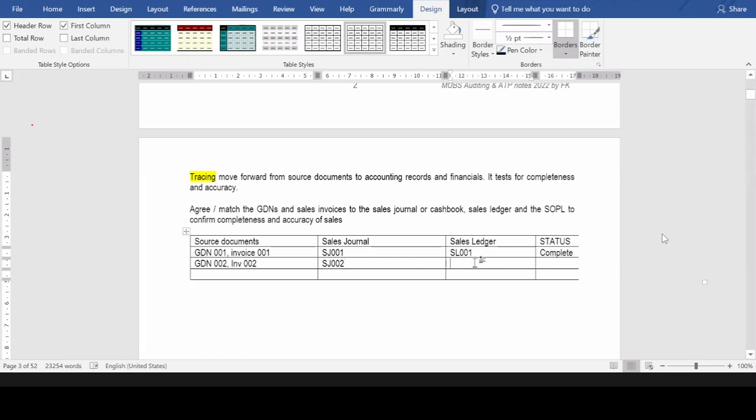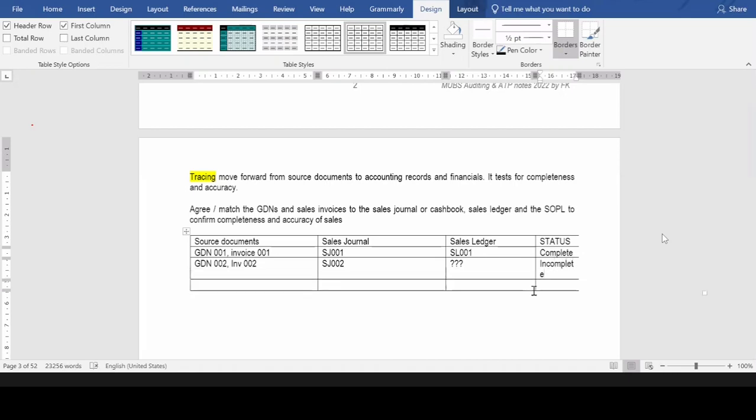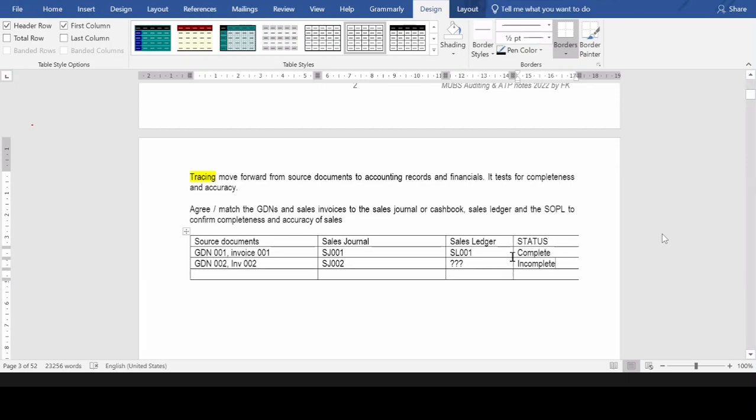They've not posted anything. Here there's nothing, meaning this transaction is incomplete. And if you don't record in the ledger, meaning even in the income statement, there's nothing, because we use ledgers to prepare the income statement. So this will be an issue of incompleteness.